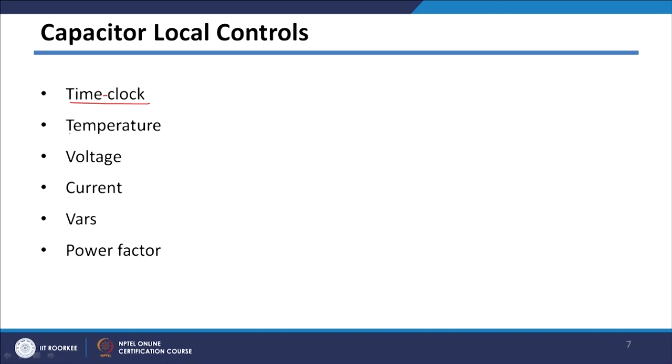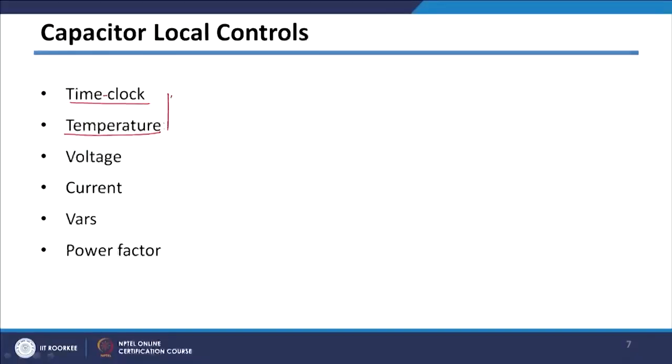Another way is control by using temperature range, meaning if the temperature is more, there will be more air conditioning load on some of the feeders. So, to provide reactive power support to these feeders, your capacitors will be controlled by temperature. If the temperature is say more than 30 degrees Celsius, the capacitor will be on.